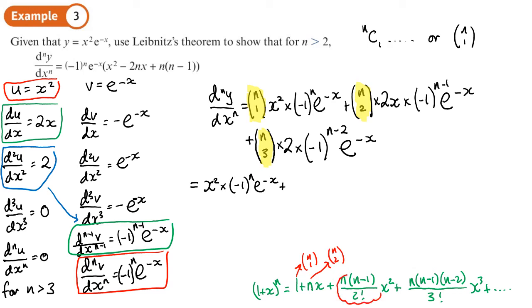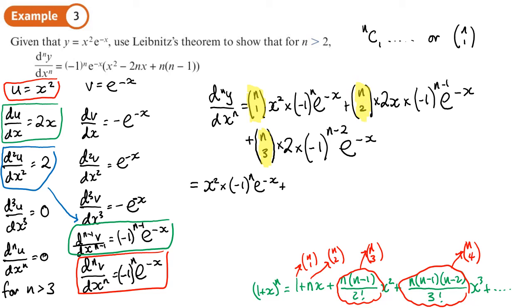This here is nC3. And this here is nC4, if we got that far. So we can use this to write these coefficients in terms of n. So when we come to the second term, nC1 here is just n.